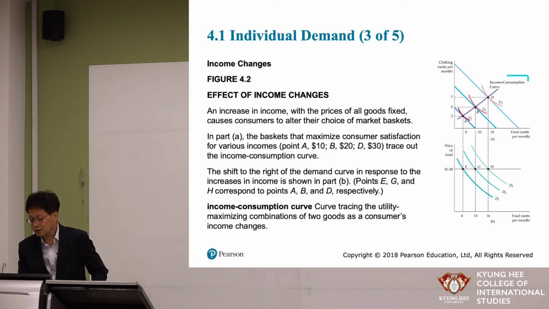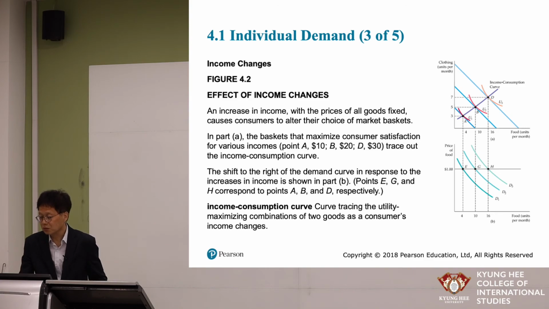So we said this is an income consumption curve. It is a curve tracing the utility-maximizing combinations of two goods, demand for two goods, food and clothing, as consumers' income increases, budget constraints expand to the right, and new optimal consumption bundles of two goods are found. That is the income consumption curve.